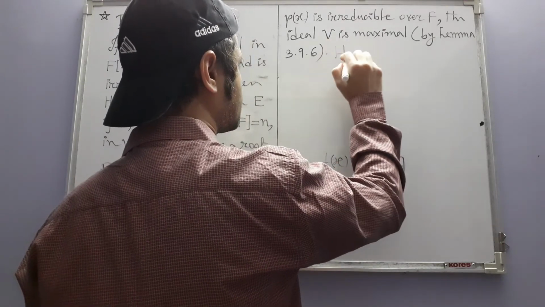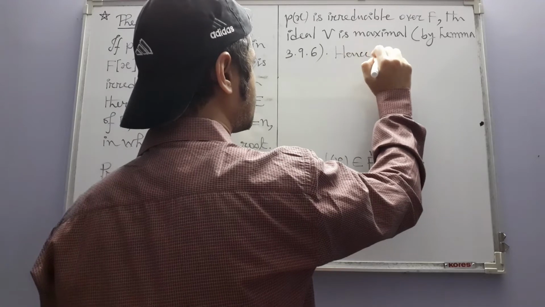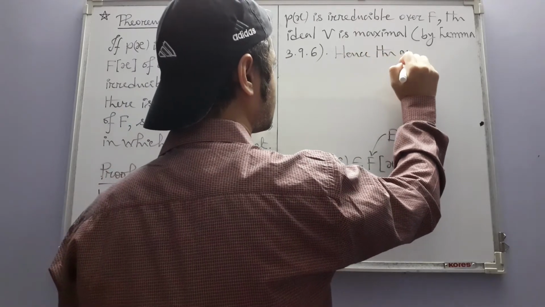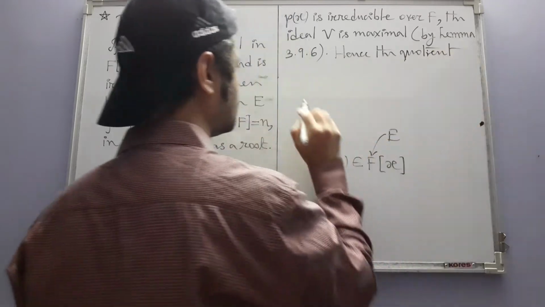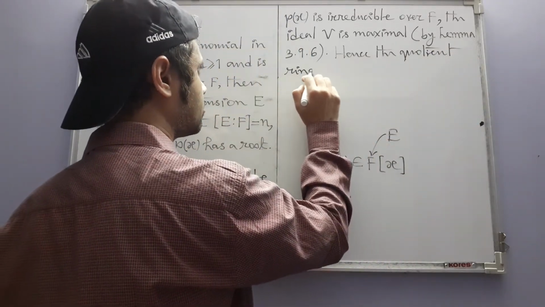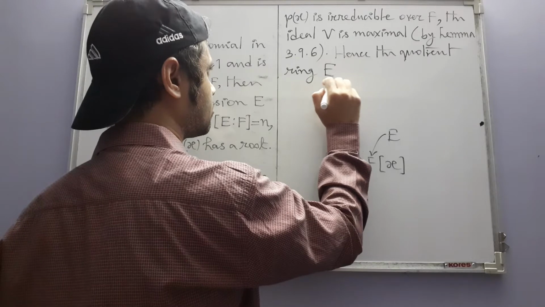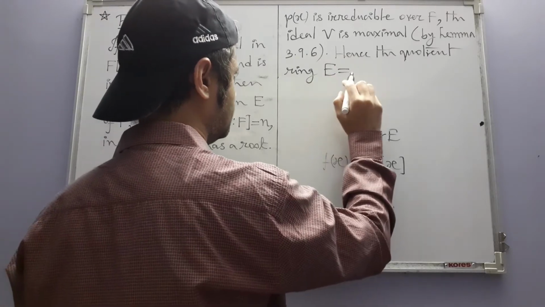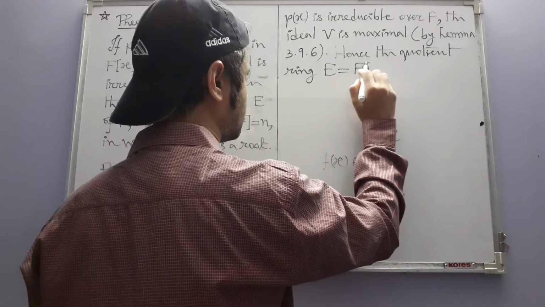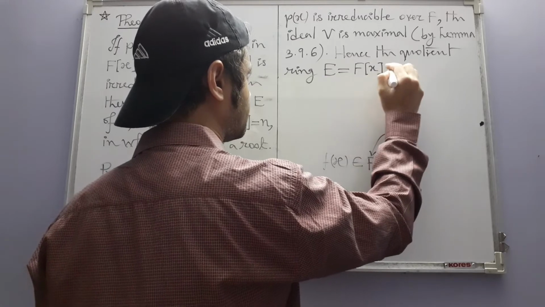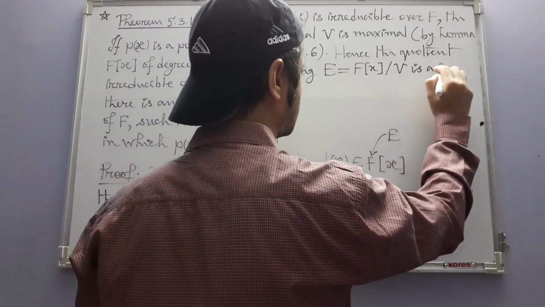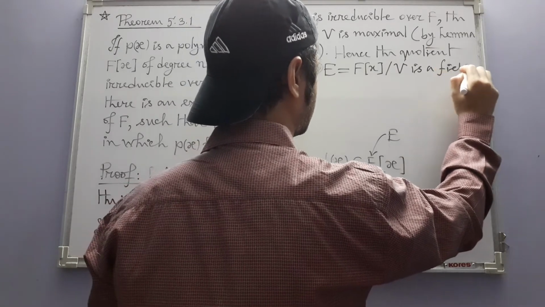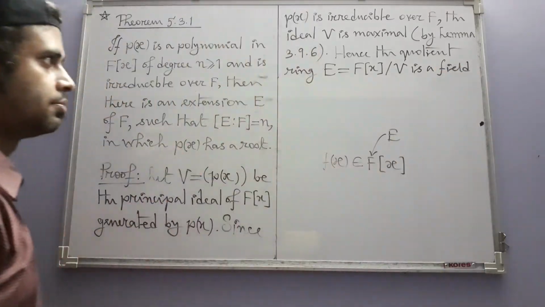Hence, the quotient ring, which we are going to denote by E, of F[x] by the ideal V is a field.